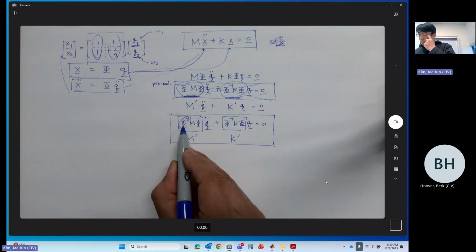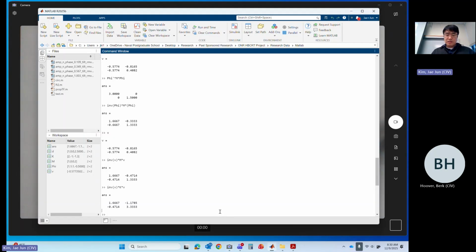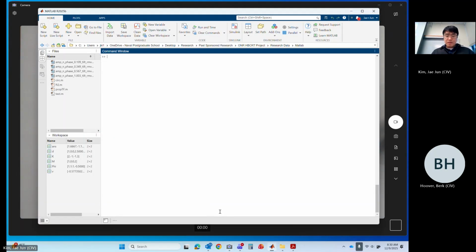So if you multiply by phi transpose, what happens is your modal mass now is, let's say, my modal matrix is this, mass matrix, stiffness matrix.